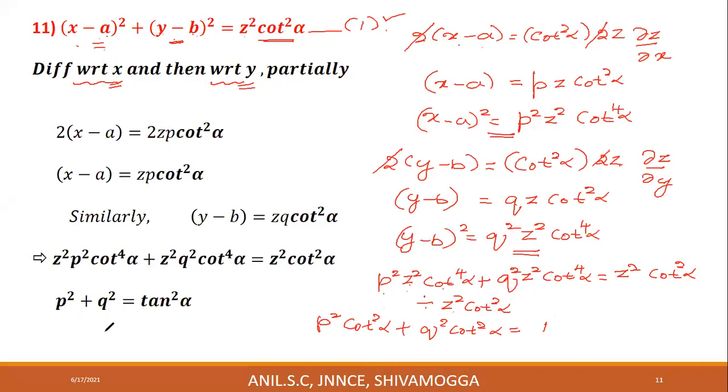Or this can be written as p square plus q square is equal to 1 by cot square alpha, since cot square alpha is common in both the terms. Transferring this to the RHS, it becomes 1 divided by cot square alpha, and 1 by cot square alpha is tan square alpha. This is what we require: p square plus q square is equal to tan square alpha. Make a note of this.